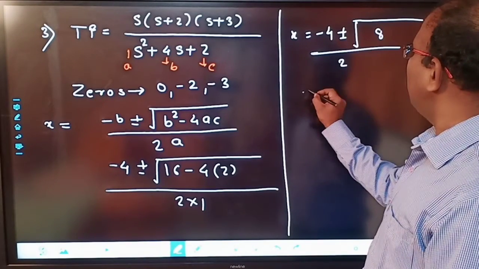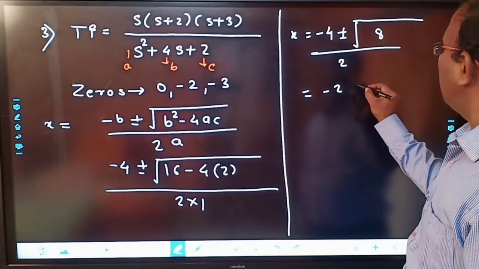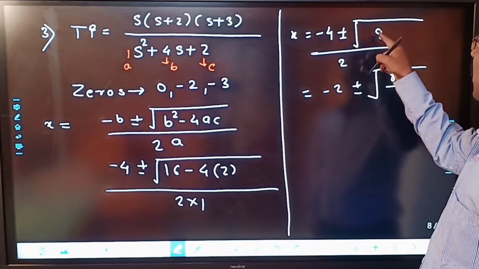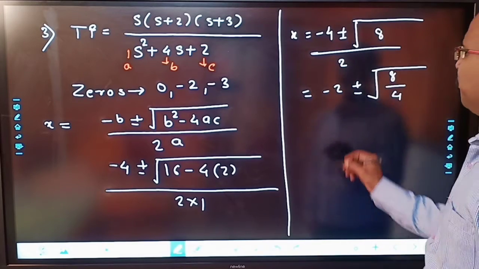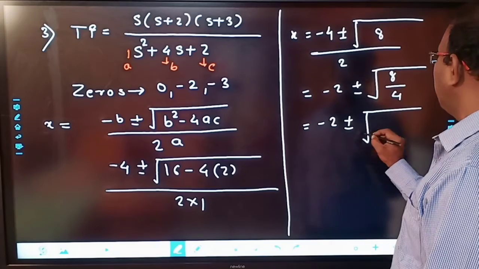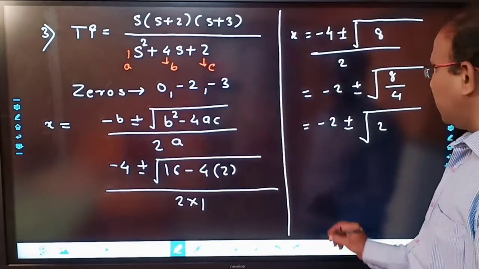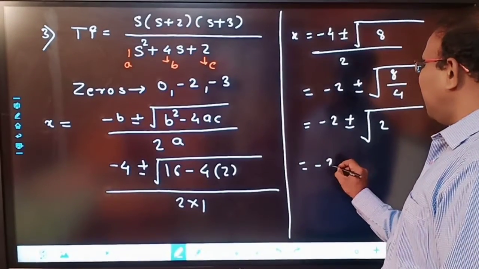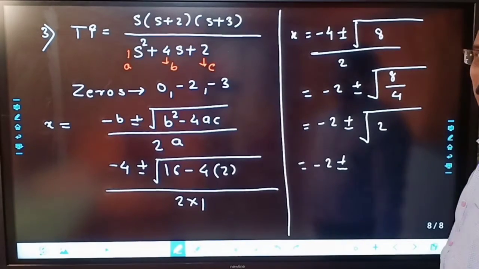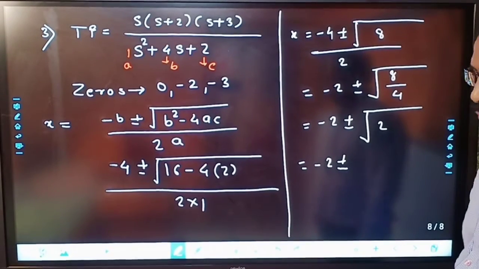divided by 2. This can be written as -2 plus minus, taking this inside, that will be 4. So -2 plus minus 2, correct. So this can be written -2 plus minus 1.4 root of 2, correct.